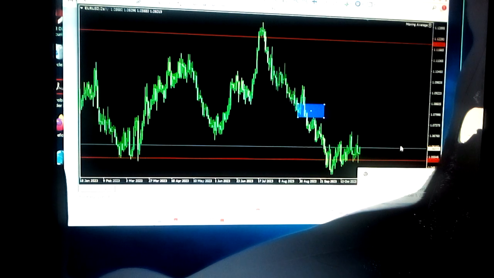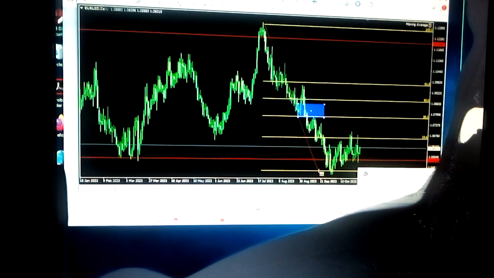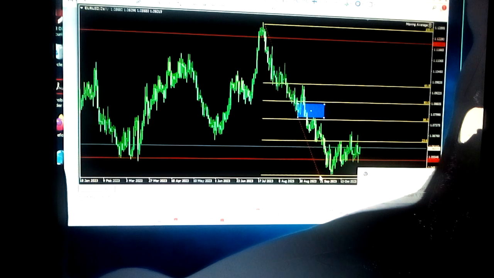Then that will give you a way forward to know, okay, let me combine it with the fib. Okay, at this point we are on the lower side of resistance, so you are ranging, which means if we take a trade at this point, it will end up coming back here.